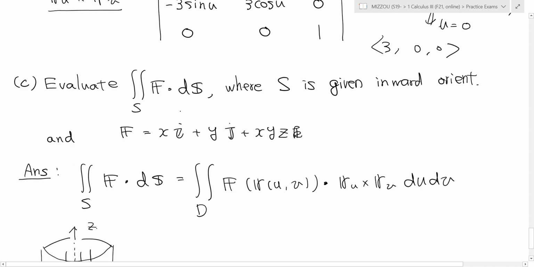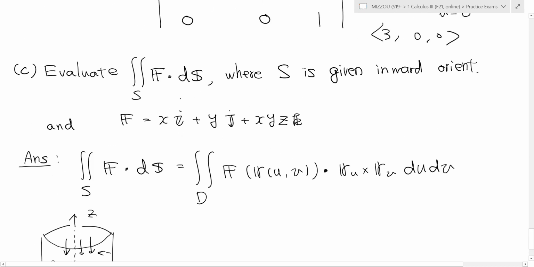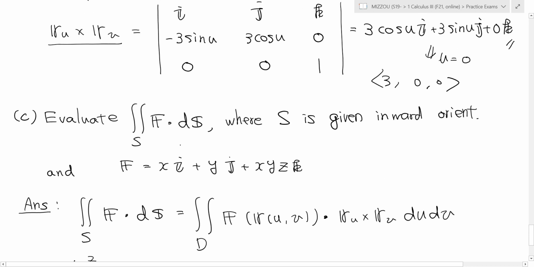So u equal to 0, v equal to 0 corresponds to this point, because u is the angle and v is the height. And 3, 0, 0 is a vector going this way. So it's outward.